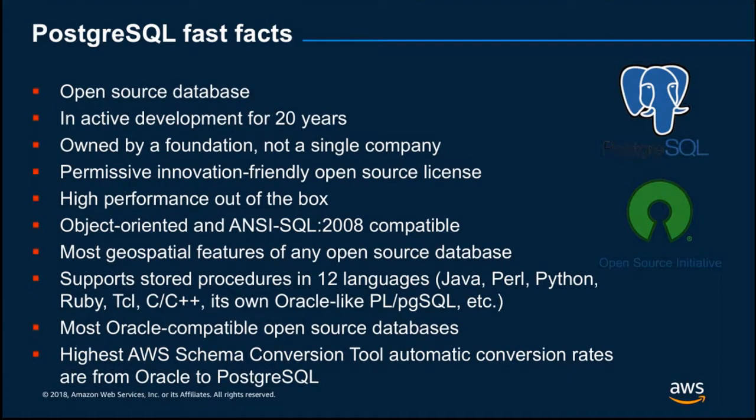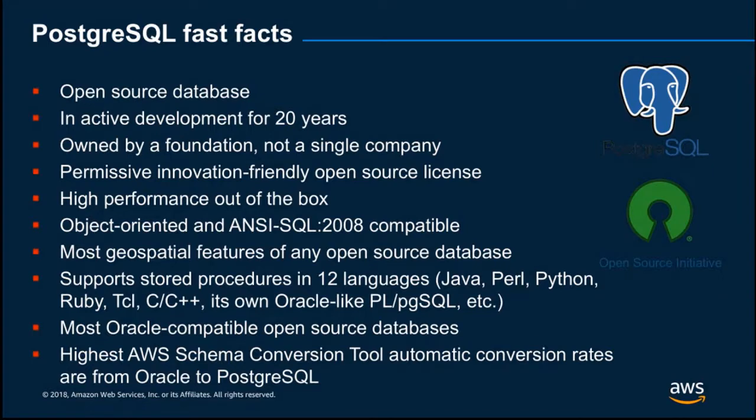Now, all these factors and others are what make many customers tell us that they believe that Postgres is the most Oracle-compatible open source database out there. So customers that are looking to move their workloads from Oracle or SQL Server for whatever reason, they look for open source databases to move to, more often than not, they identify Postgres as the best landing place. So a lot of the interest we see is from customers who are looking for that kind of conversion.